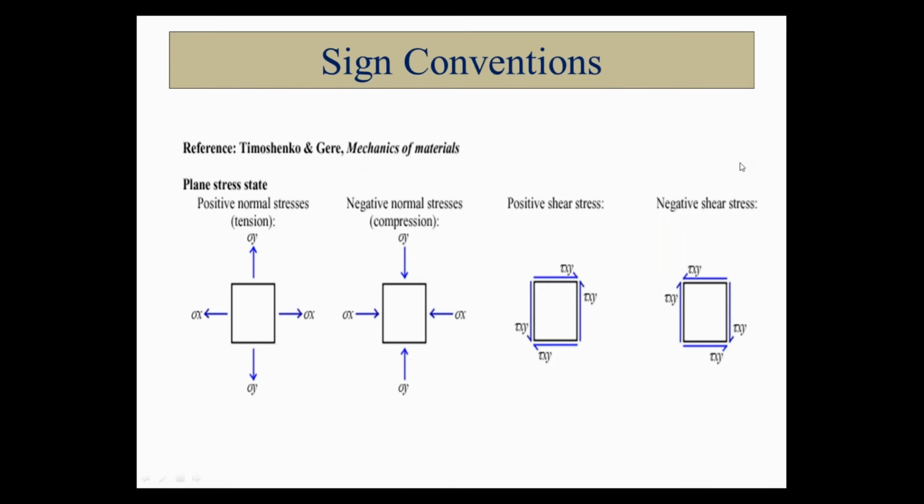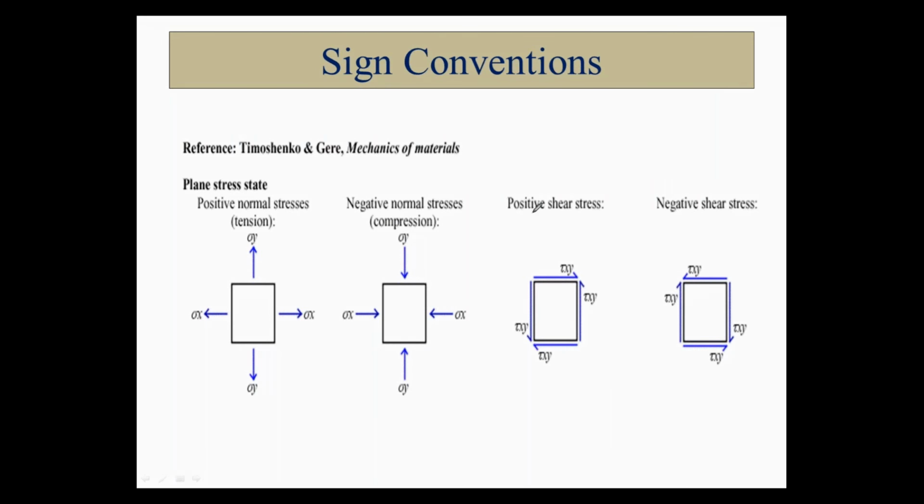These are the sign conventions. The reference is given from the book Timoshenko and Gere, Mechanics of Materials. For plane stress, positive normal stress is tension. If it is tensile force, then it is positive normal stress. If it is compressive stress, it is negative normal stress.